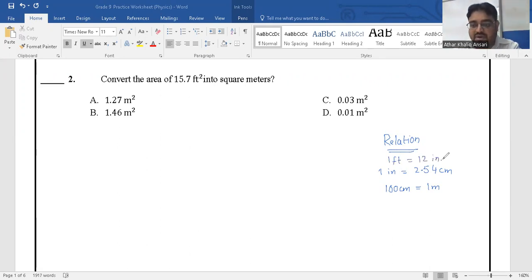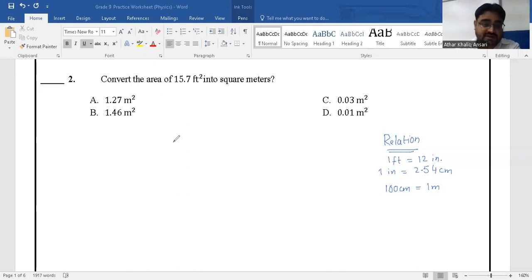So if I want to convert square feet into square meters, I need to convert feet into inches, then into centimeters, and then to meters.